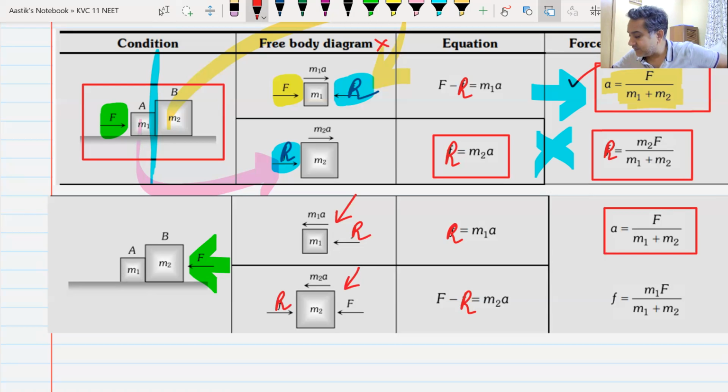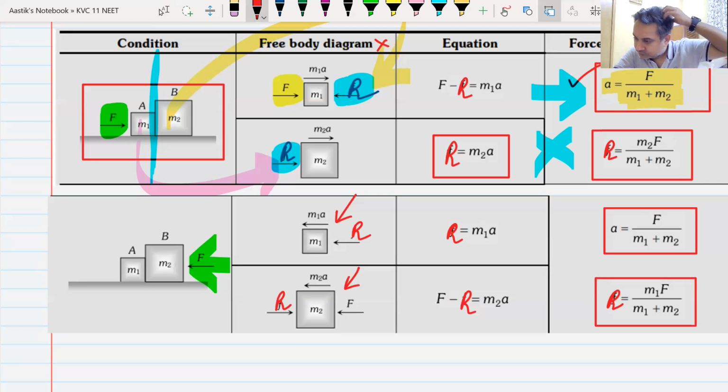The only thing that has changed is the value of this R. It now becomes M1 divided by M1 plus M2 multiplied by F. Do we understand what is happening here?